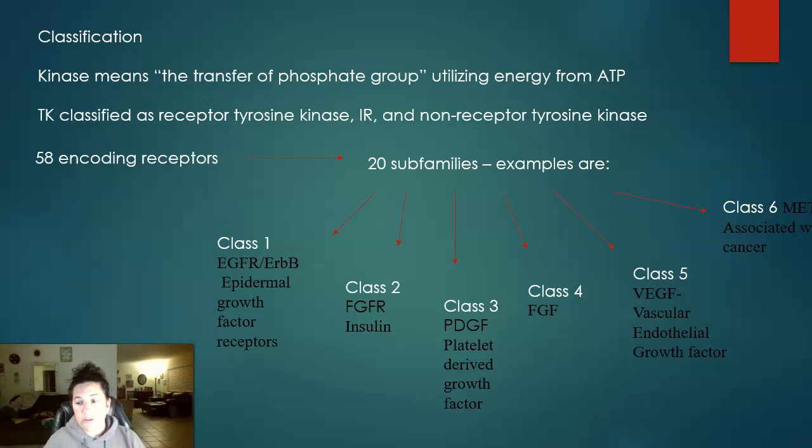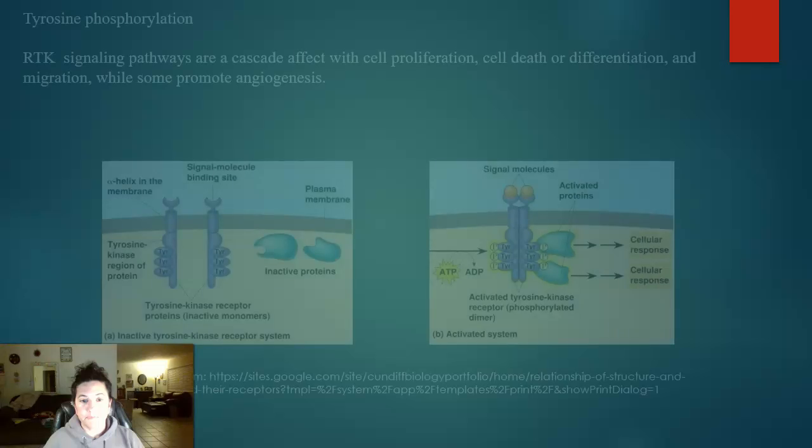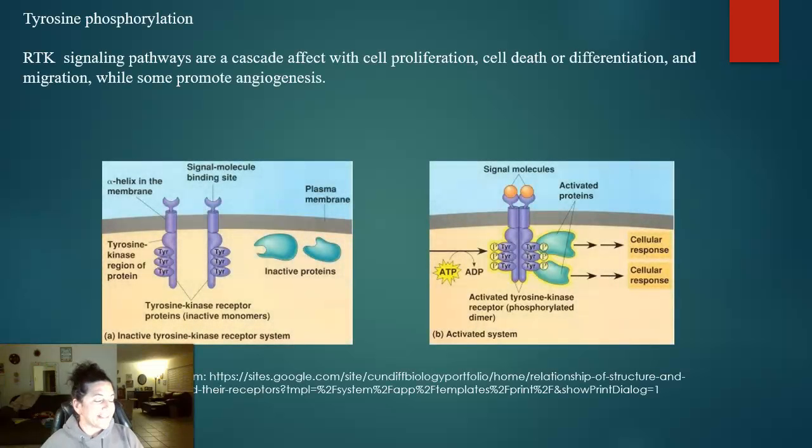What that looks like is this. What we have is our signal molecule binding site. I'm referring to the picture on the left. And then we have our alpha helix within our membrane. That signal molecule binding site is in our extracellular space.